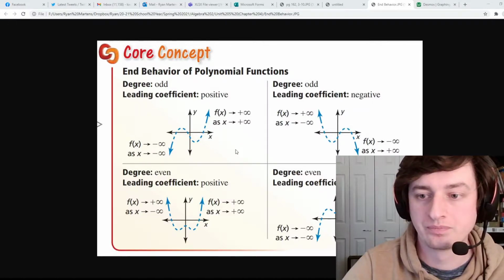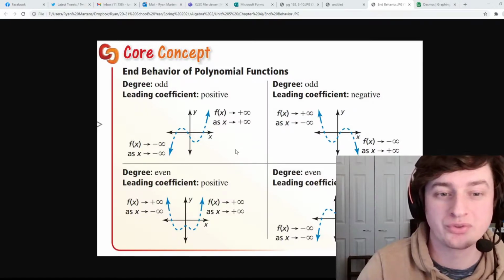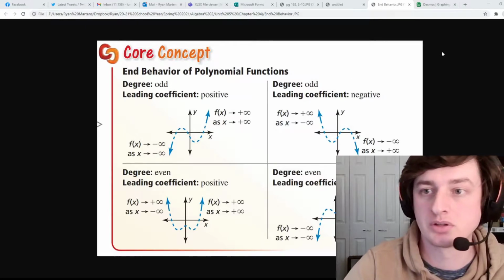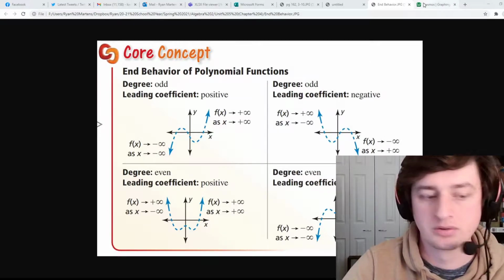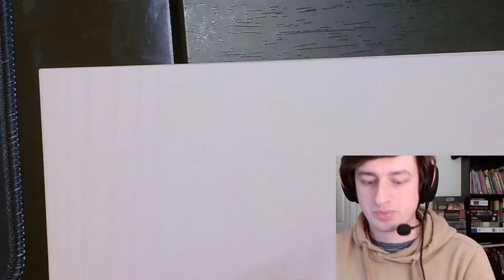Okay, so we're using the chart to describe what the ends of the graph look like. What does that look like in practice, in an example? So the problems are going to look like this.